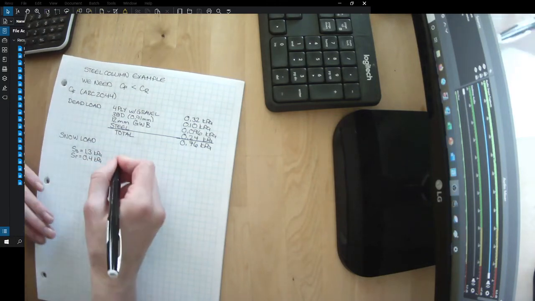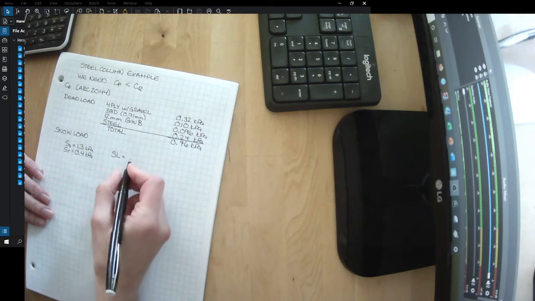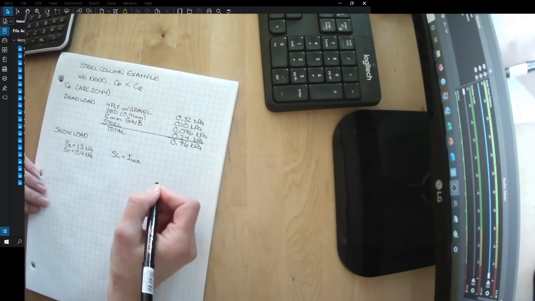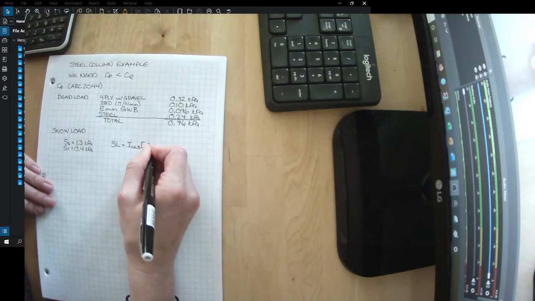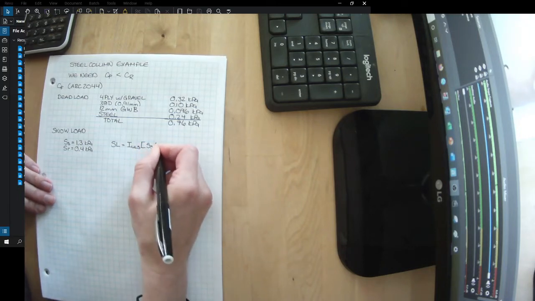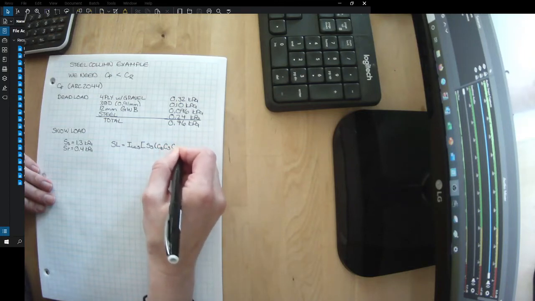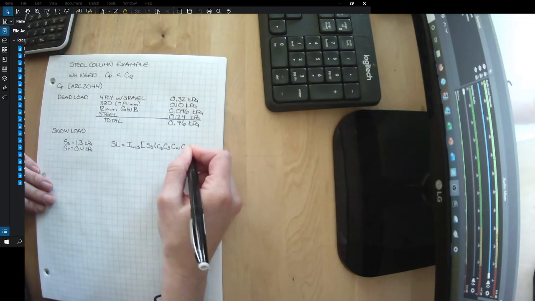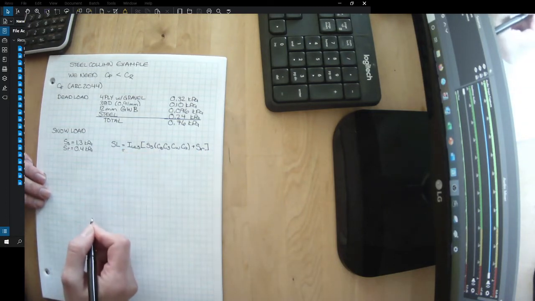We know that the snow load equation equals the importance factor times SS, and then SS is multiplied by our basic ground snow load, our slope, our wind, and our accumulation factors. And then we add SR. But we also know we need to be tracking that serviceability load.